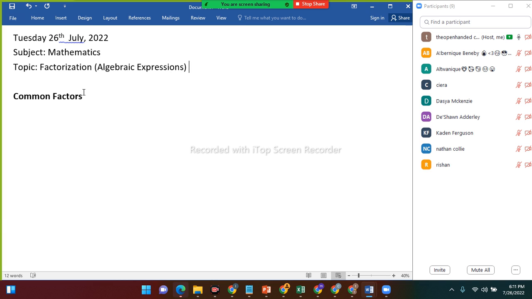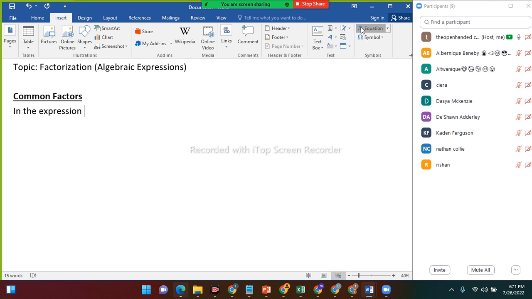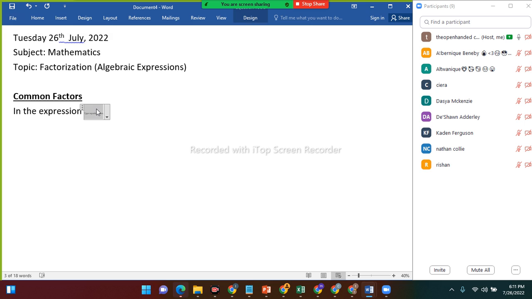All right, so common factors, that's going to be our first heading. Let's say, for example, we have the expression 4x plus 8. Let's underline that.